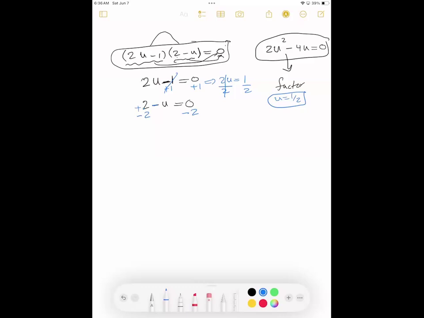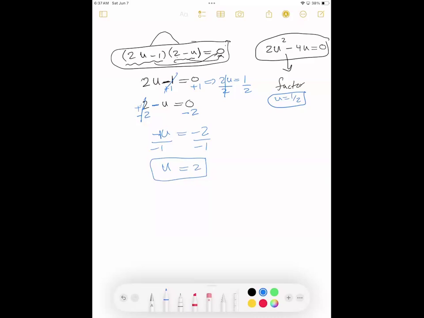You need to get rid of that plus 2 by subtracting 2 from both sides. So then you get negative u is negative 2. Now you get rid of that negative. In reality, this negative is negative 1, so you divide both sides by negative 1. Negative 1 and negative 1 is gone. You get u is negative divided by negative is positive 2.